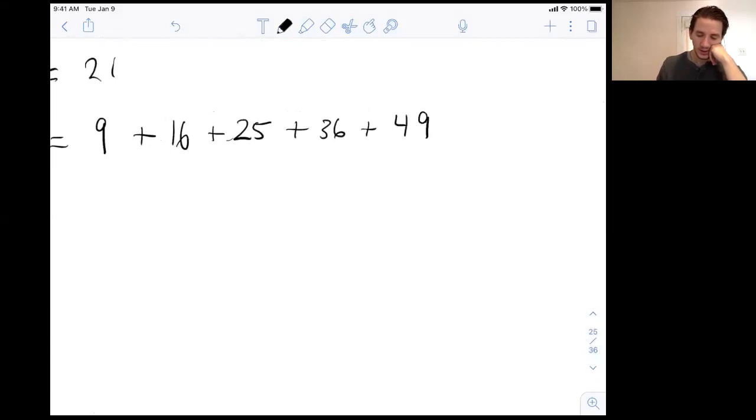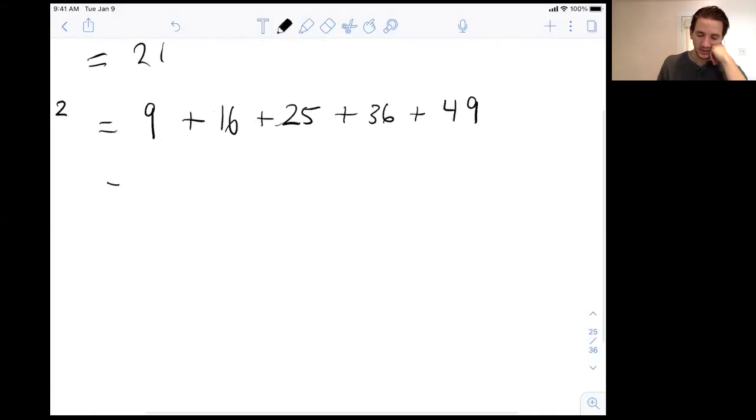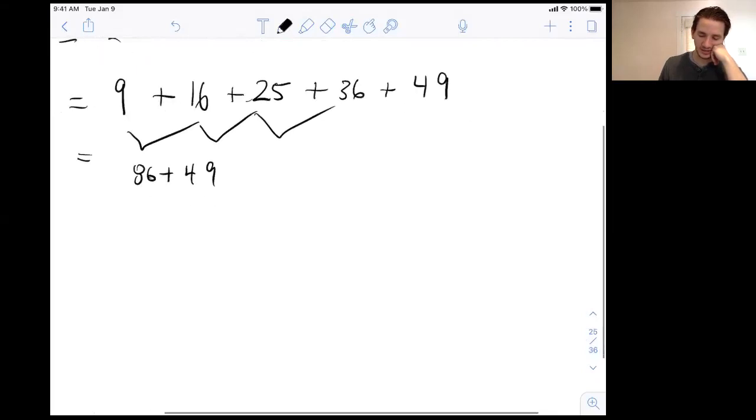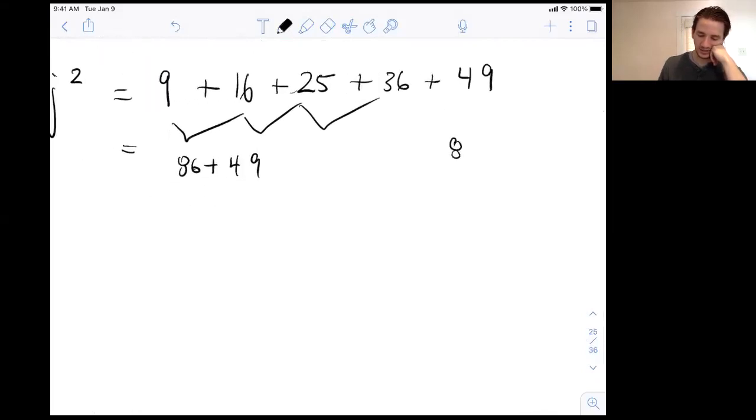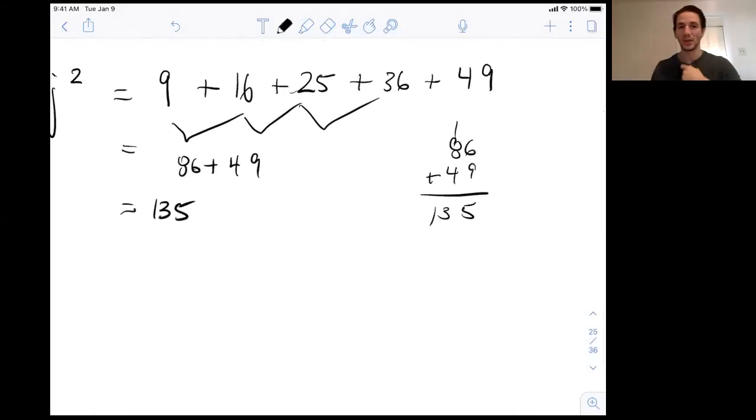So then this is going to be equal to 9 plus 16 is 25, plus 25 is 50, plus 36 is 86, and 86 plus 49 is 135.